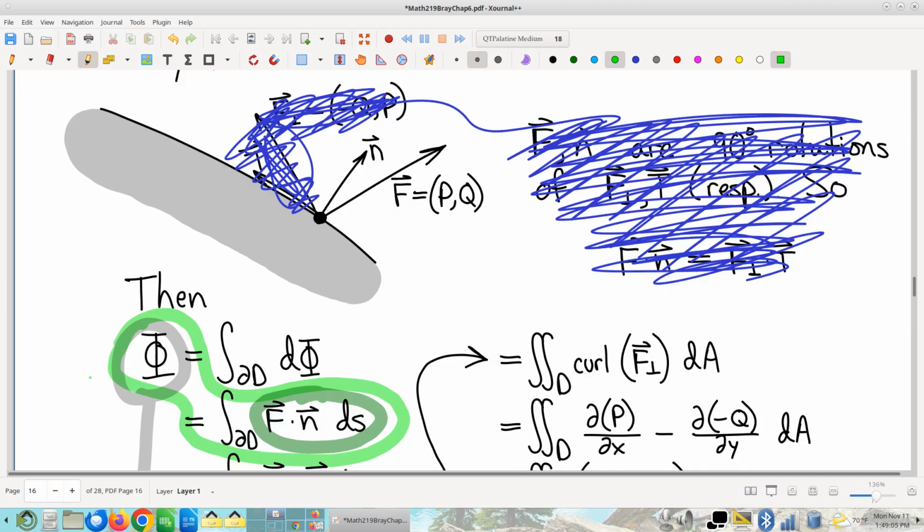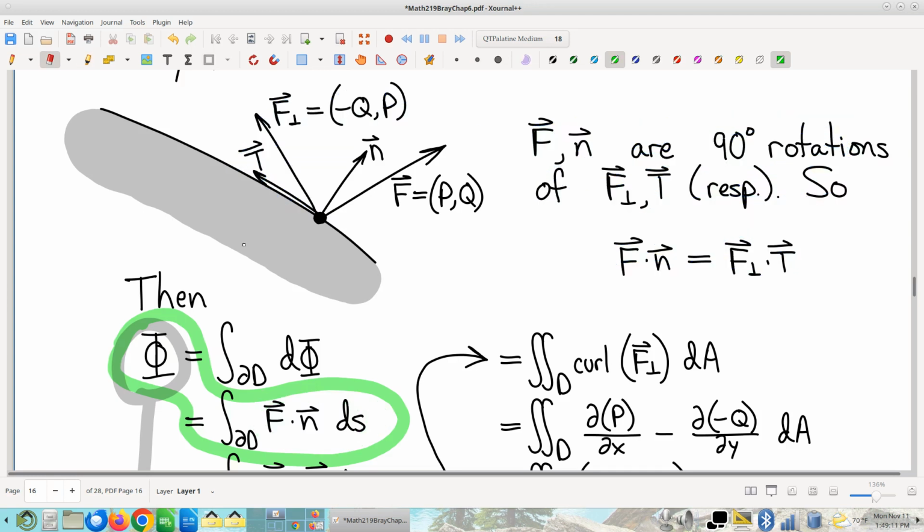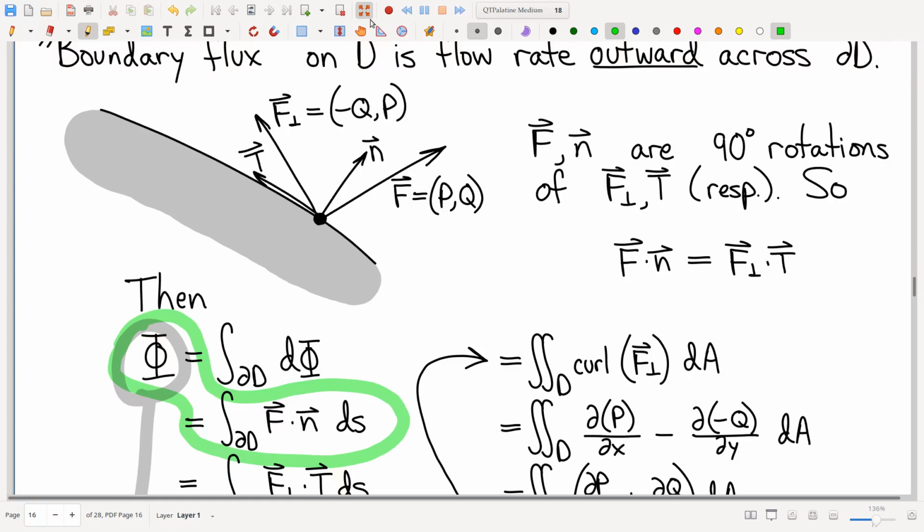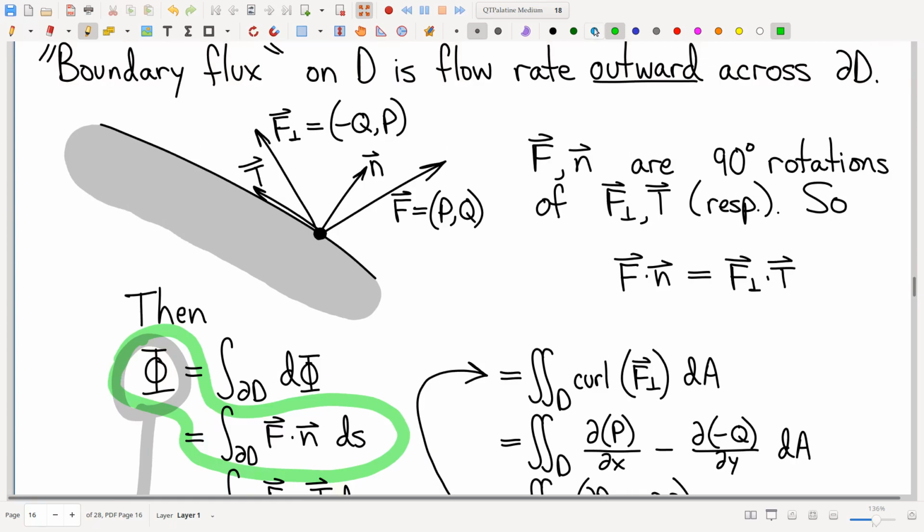So here's the clever way around, so that we don't have to do a tedious brute force calculation. I'm going to straighten that out. There we go. We're going to notice that this dot product right here, F dot n. Let's say our vector field F is like that.